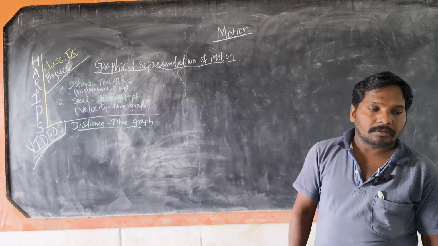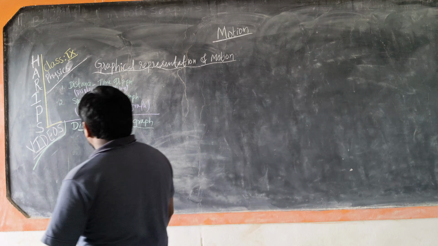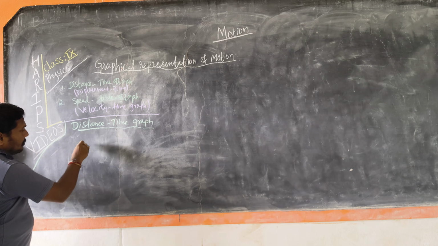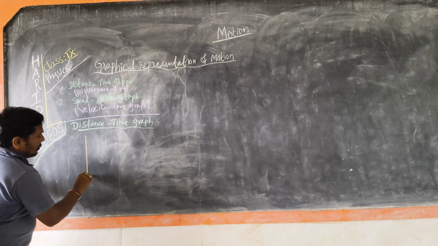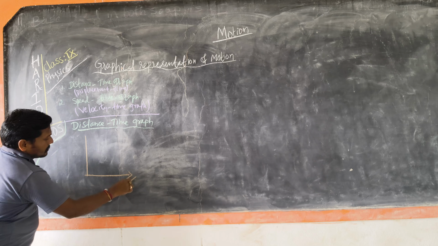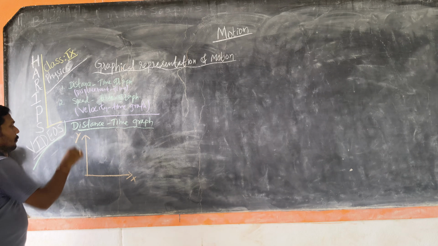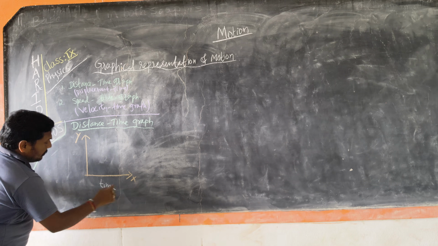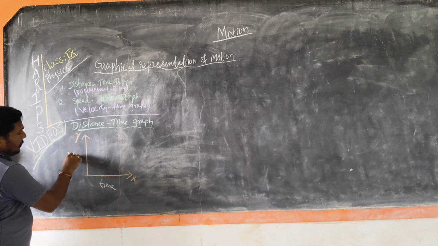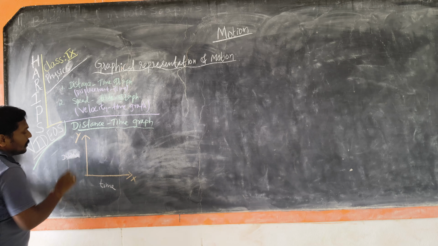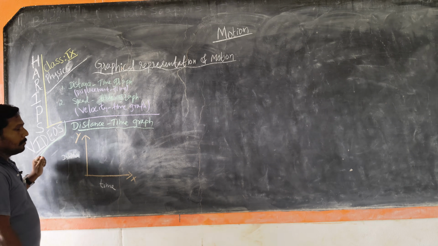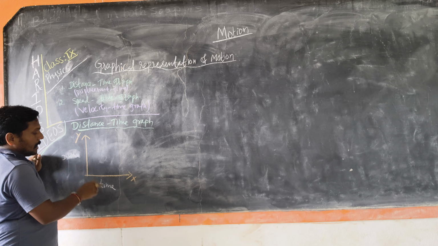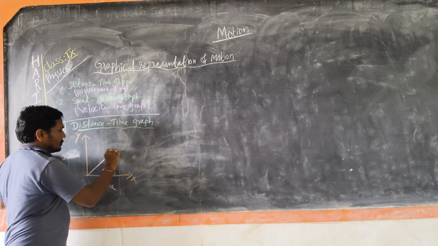Let us draw the graph. On the x-axis we have taken time, and on the y-axis either displacement or distance. We know that for uniform motion, the distance time graph is always a straight line.